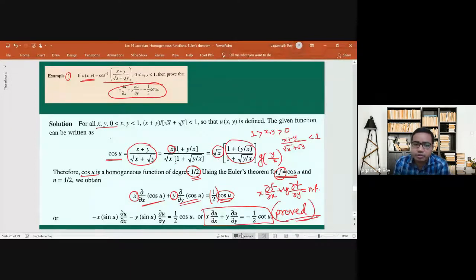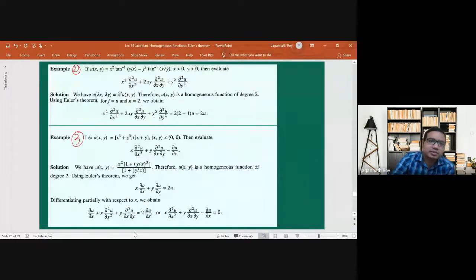In this way, you can evaluate all the functions that are given. For example, this one will become a homogeneous function of degree 2. If you substitute lambda x, you get lambda square u.